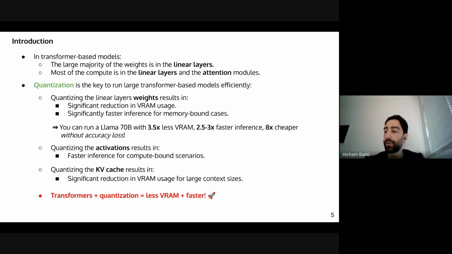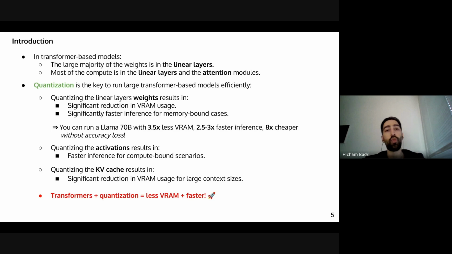And most of the compute is actually in the linear layers and the attention. And the thing about attention is that it really depends on your context size. So it really becomes an issue when you have a very large context size, but the linear layers are always there. Either you're using a small context size or a large context size, linear layers are always a bottleneck. So that's why it's interesting to quantize them.